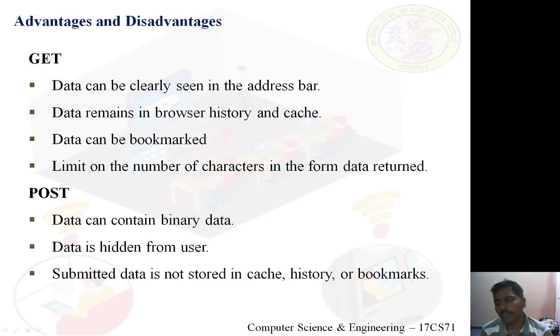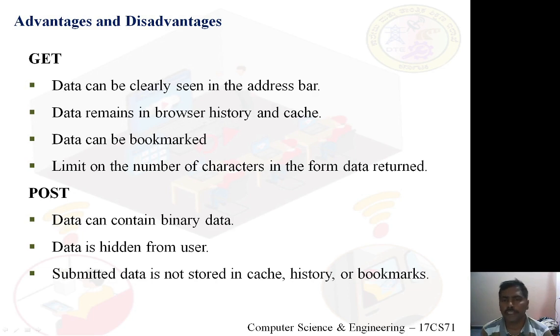So now coming to advantages and disadvantages. I think almost everyone is clear. In case of get, we know data can be clearly seen in the address bar, because the query string follows the server side script name. So in case of get, data can be clearly seen in the address bar, whereas not in the post method.